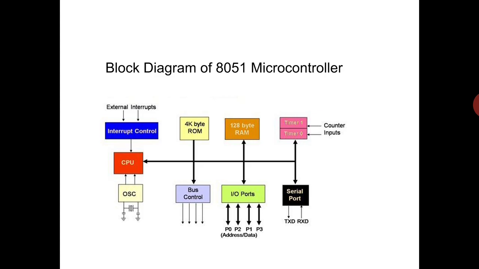Next is the serial port, which is used for serial communication, for sending or accepting information. RxD, the receive line on this port, is used for receiving serial data from outside, and TxD, the transmit line, is used for transmitting serial data out.